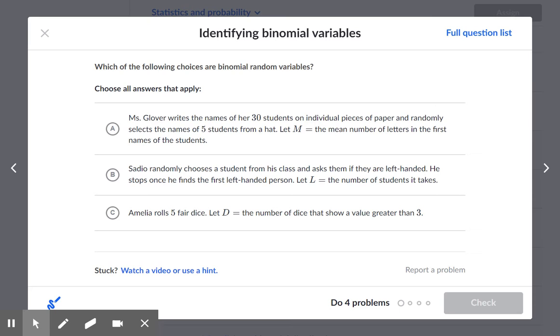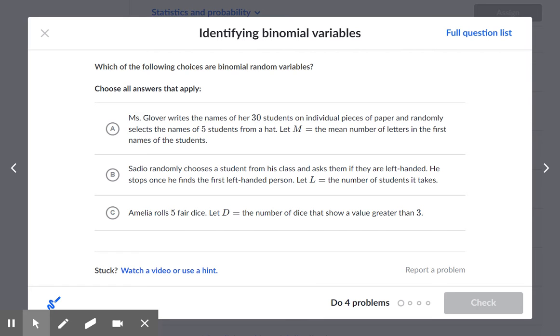It could be 0, 1, 2, 3, 4, or 5. Each flip of the coin is considered a trial, and each trial is independent. So the very first flip is independent from the second flip. That means the probability of the first flip being a head or a tail doesn't affect the probability of the second flip. That's the meaning of independence.